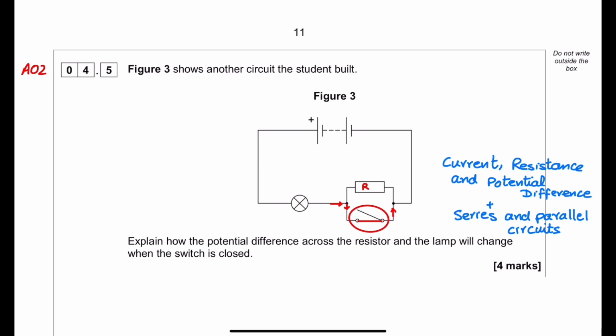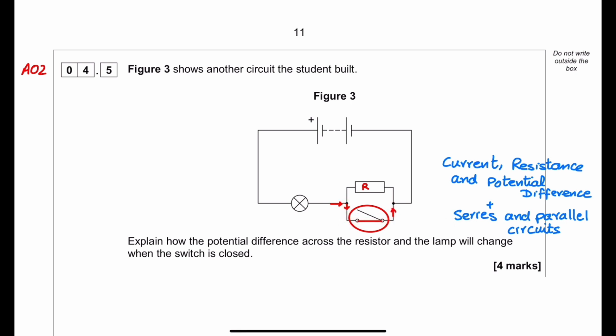When the switch is closed, the current will flow through the switch because it has very little resistance, and the current will stop flowing through the resistor. If we use a voltmeter across the resistor, it will show a very small value, a zero value. The reason is the current is flowing through an alternative path, that is the switch.